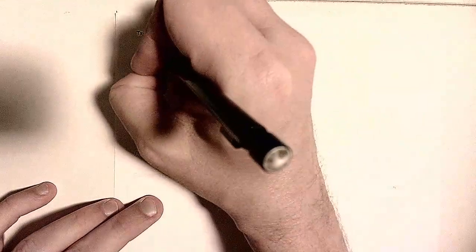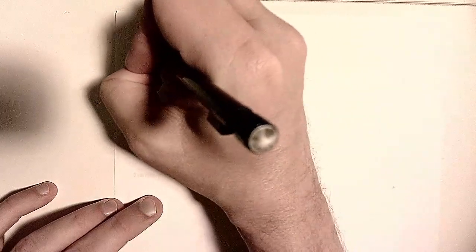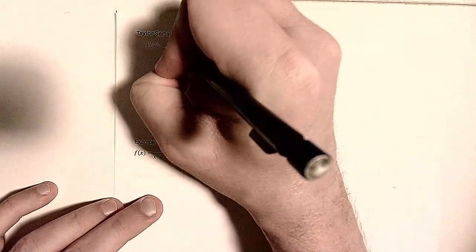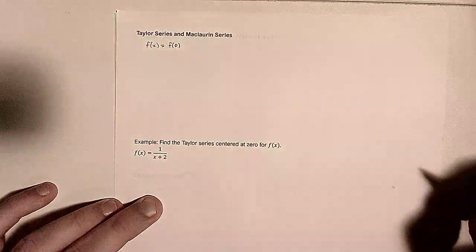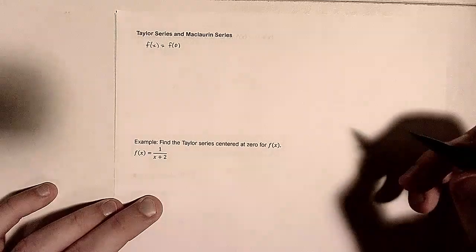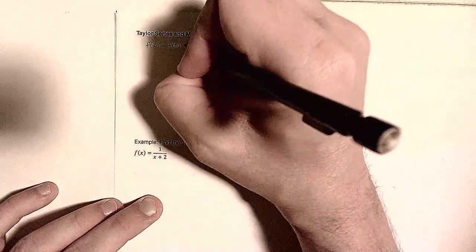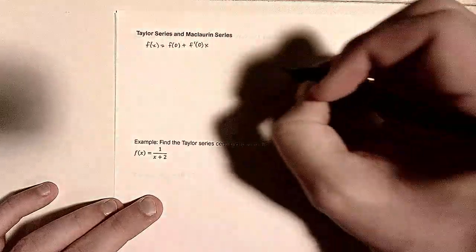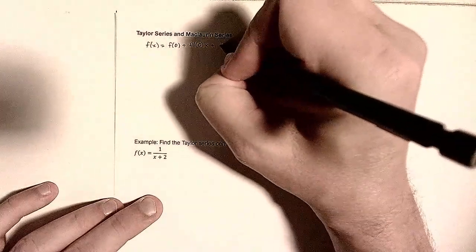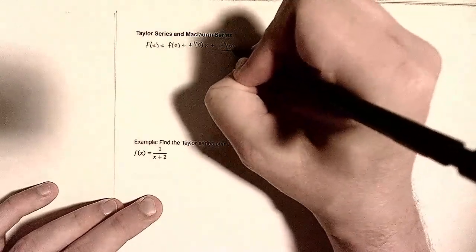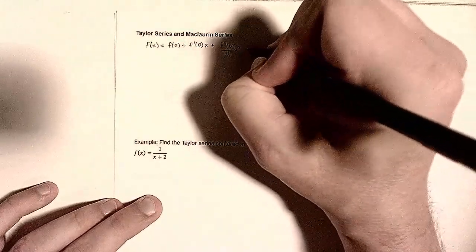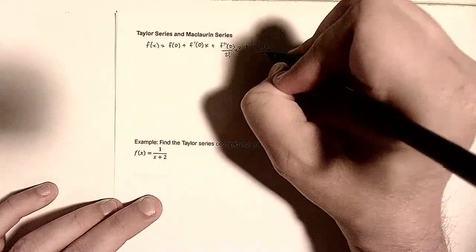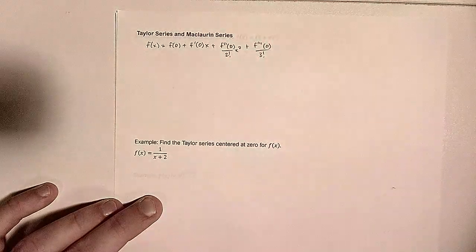So for example, f of x can be approximated using the initial value, and we're going to use centered at 0 for now, along with our first derivative, and then expanding out to include higher powers. And if you notice the pattern here, it's just like we were expecting.